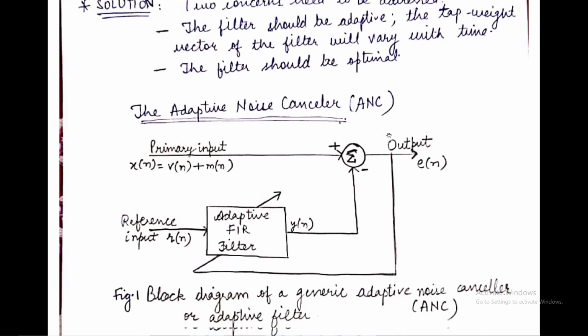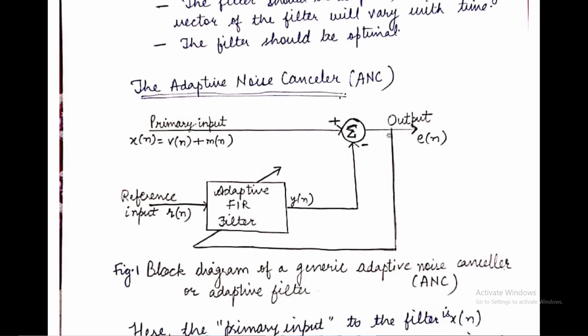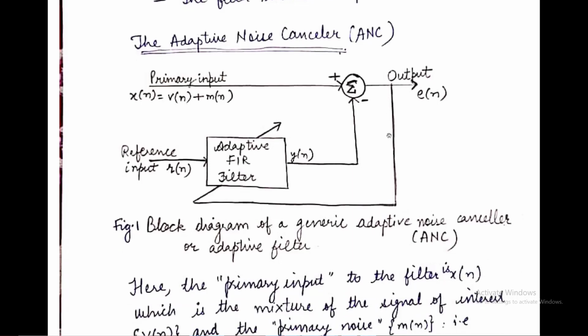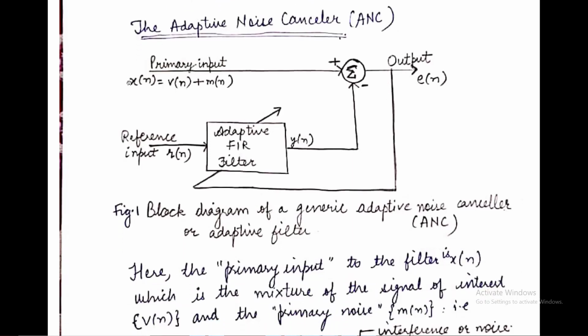Now you can see this diagram. This block diagram represents a generic adaptive noise canceller, or we can say an adaptive filter. Here the primary input to the filter is Xn, which is the mixture of the signal of interest, that is Vn, and the primary noise, here it is Mn.